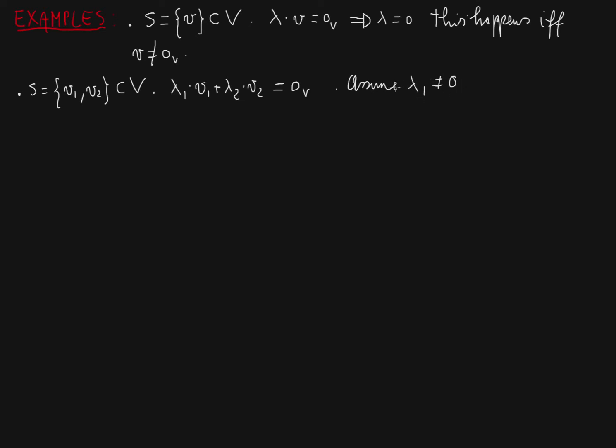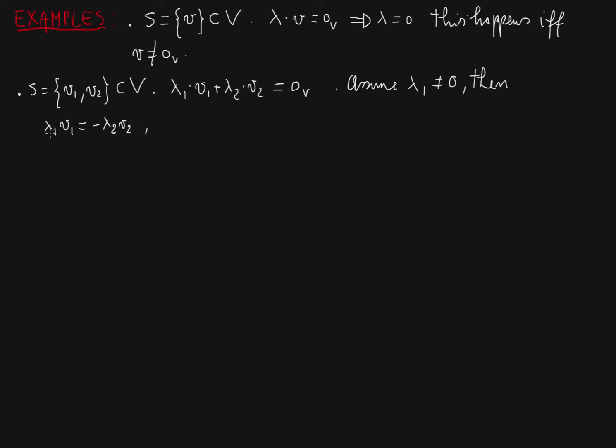So if they are linearly dependent, then we can rewrite this expression as follows: lambda 1 V1 equals negative lambda 2 V2. This always holds. Now we use the fact that lambda 1 is non-zero.